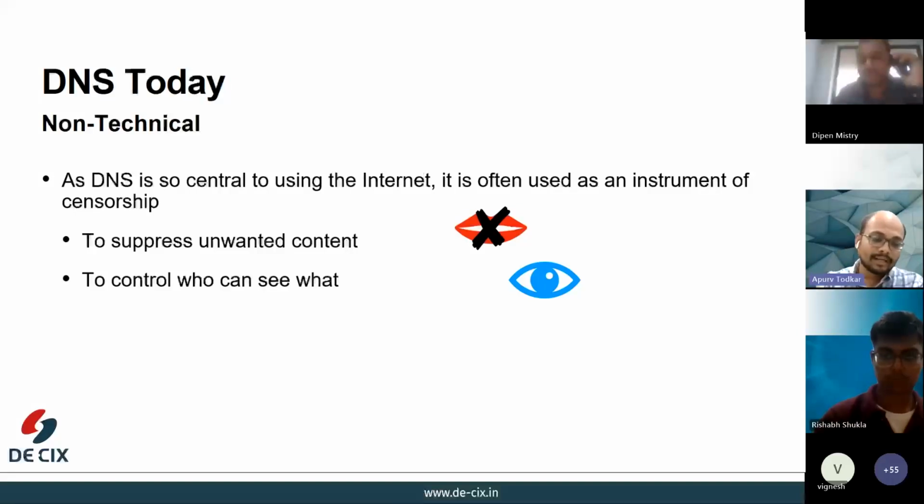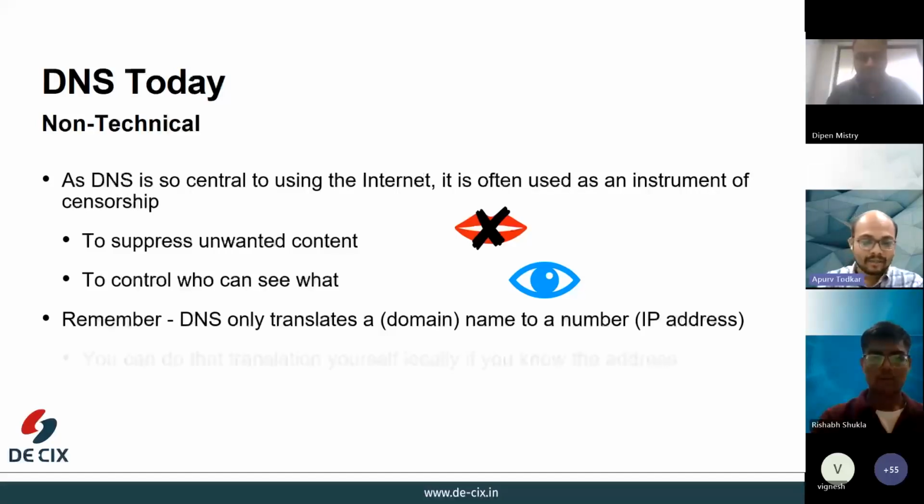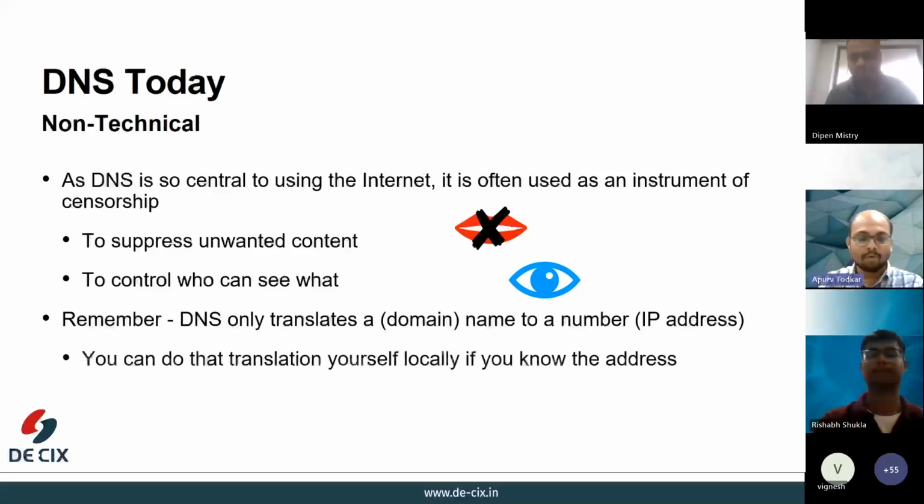For instance, you can tell the ISPs to suppress some unwanted content, so they just refuse to resolve those host names, and obviously users won't be able to access those particular websites. And remember that DNS only translates domain names to IP addresses. You can also do the translation yourself locally with the etc hosts file on your system, if you want to.